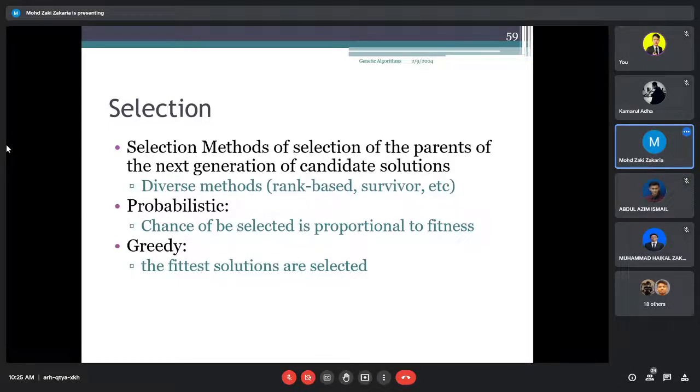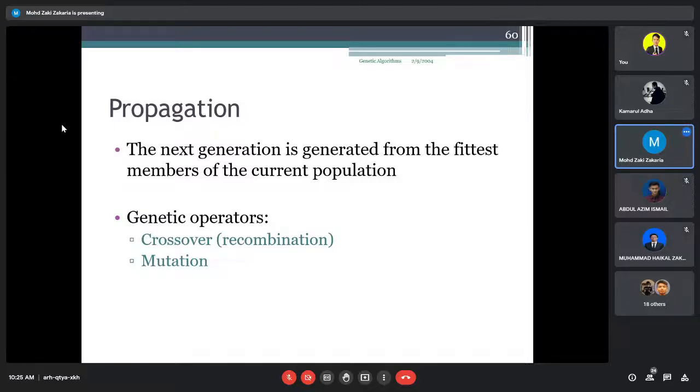Then we evaluate again the quality of the children and do a comparison. That is what we call the elitism process. Elitism is simpler compared to probabilistic and so on.